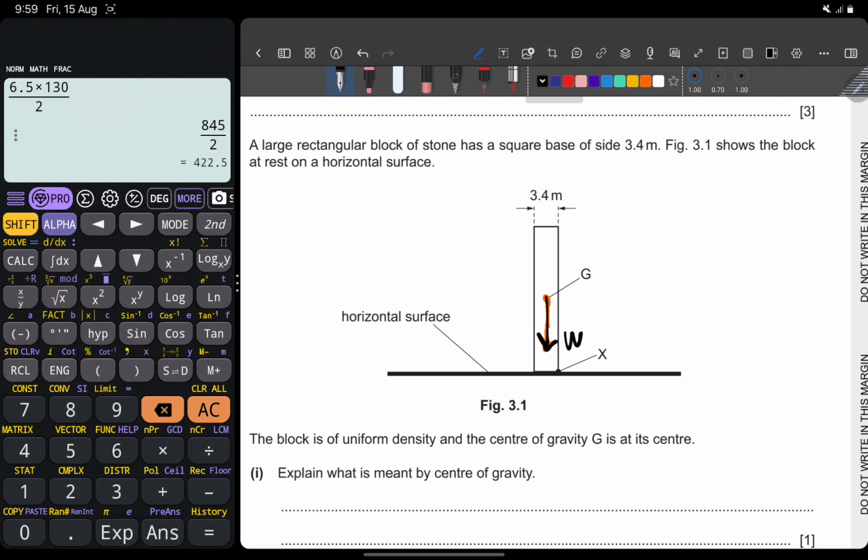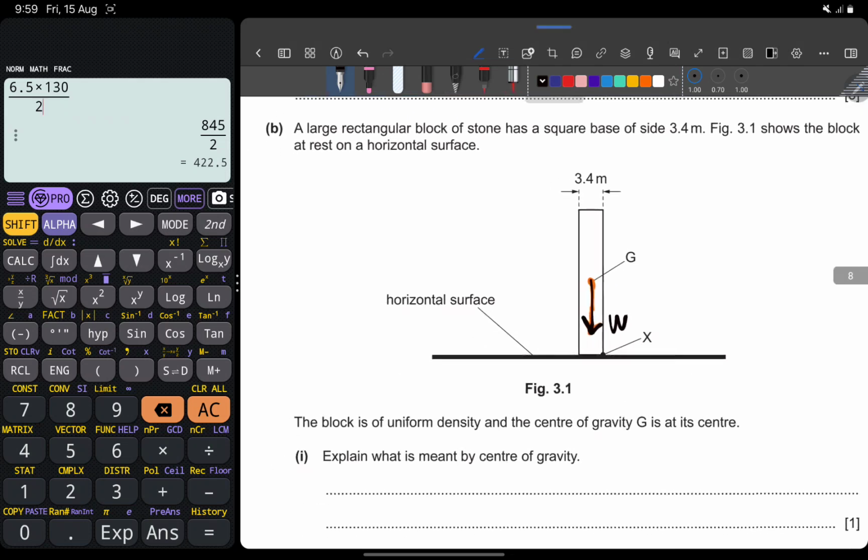Now what do I want? I want to find its moment, so I should see its distance from the pivot, perpendicular to the force. So where is the pivot? They say the pivot is at X. Because the force is facing down, which is the vertical direction, our distance will be the horizontal distance.